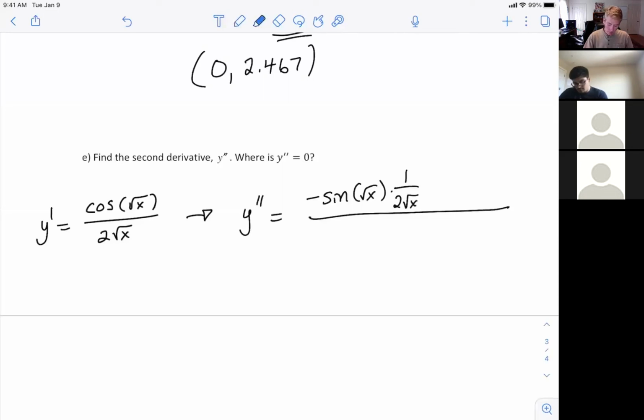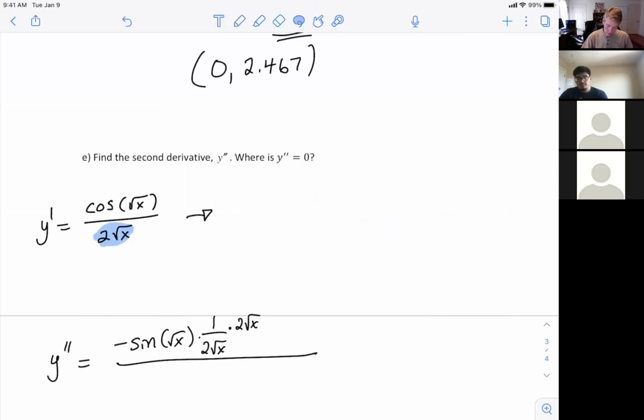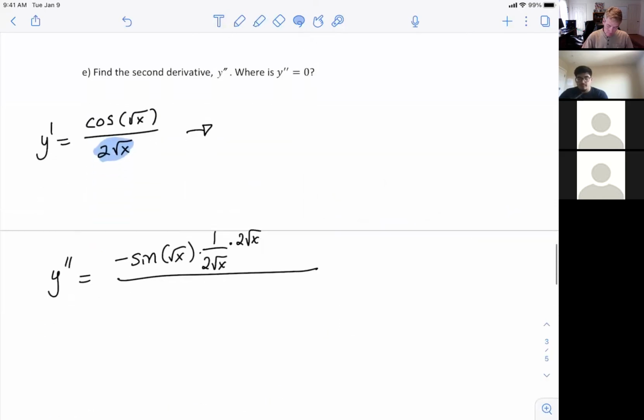The other part of the quotient rule says, now multiply that by the b, or the denominator. So multiply that by 2 square root of x. So that's 1/3 of the quotient rule, because next it goes minus.